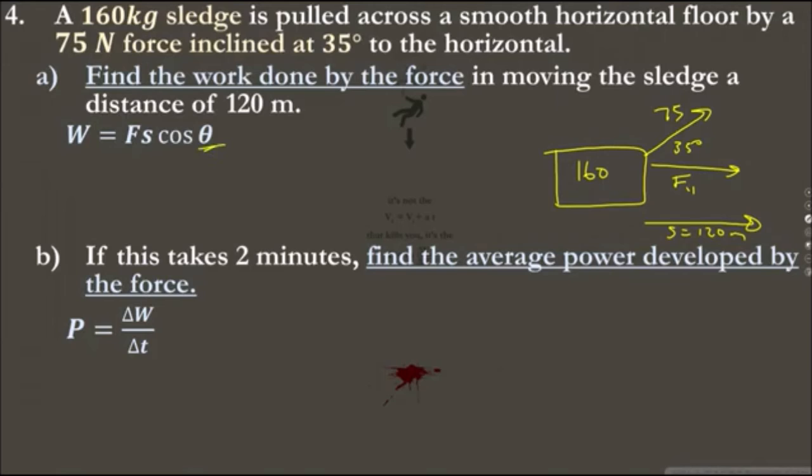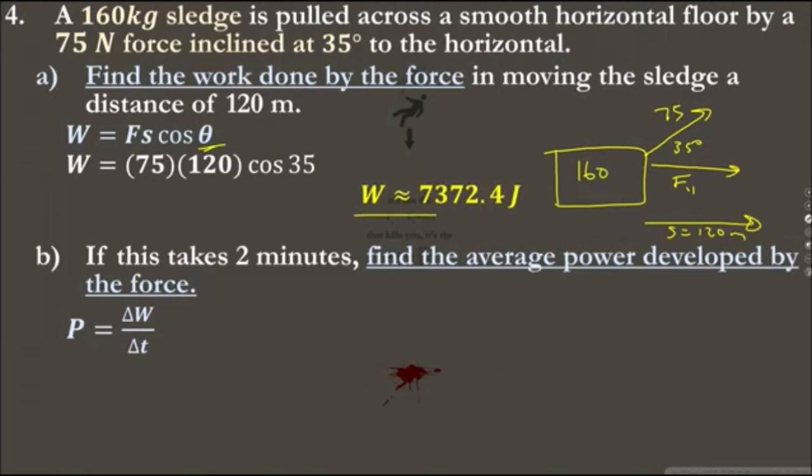And cos theta is 35 degrees. So if I substitute that into my equation, that's what I have. And so the total joules I have, if I round it off to one decimal place, is 7,372.4 joules. Okay? So that's the total work done by the force moving my sledge across.